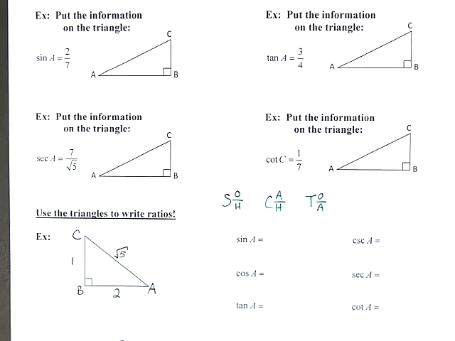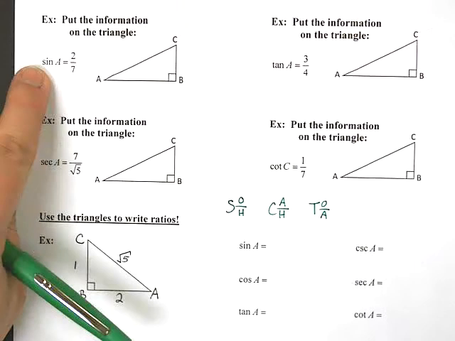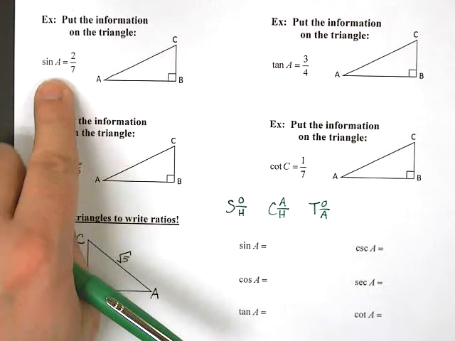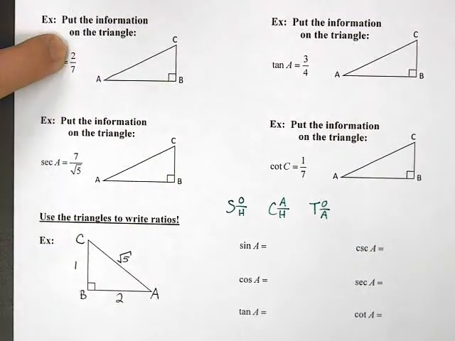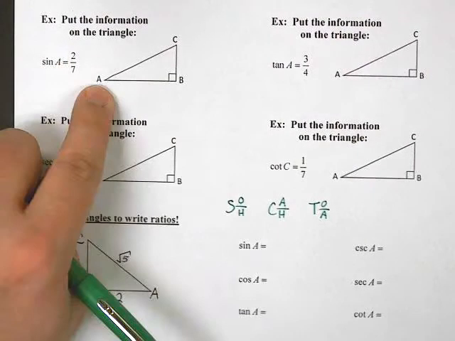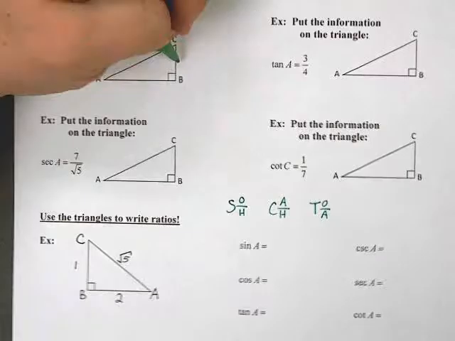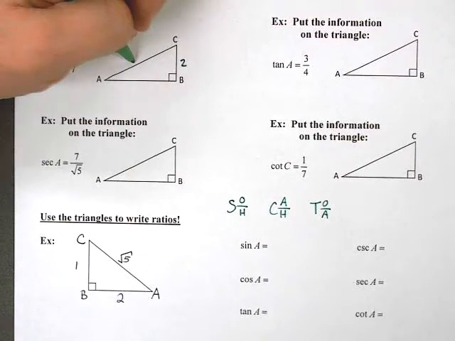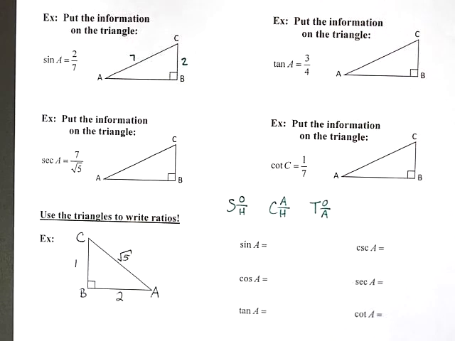TOA. And so now I know that sine has to be opposite over hypotenuse. So that means that my opposite leg has to be 2 and my hypotenuse must be 7. So if here's A, opposite's here, hypotenuse is here, and we're good. I'm not worried about the other leg right now.